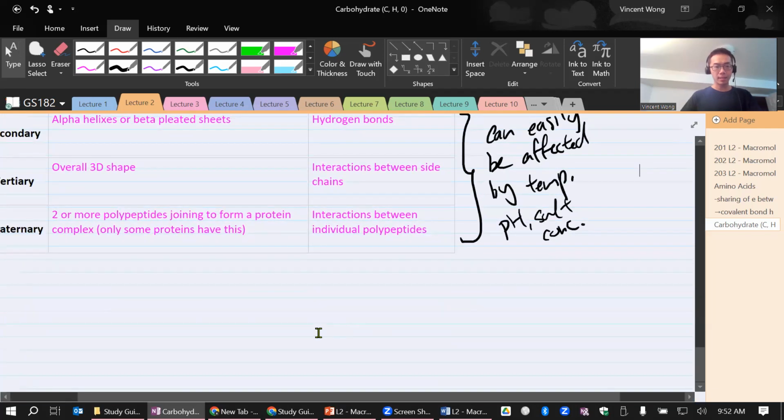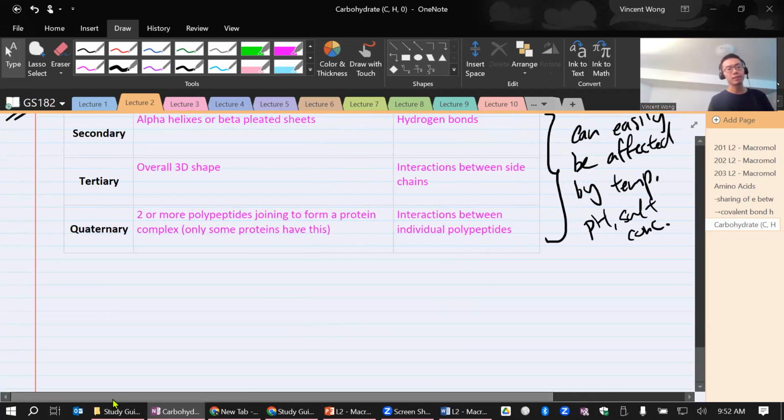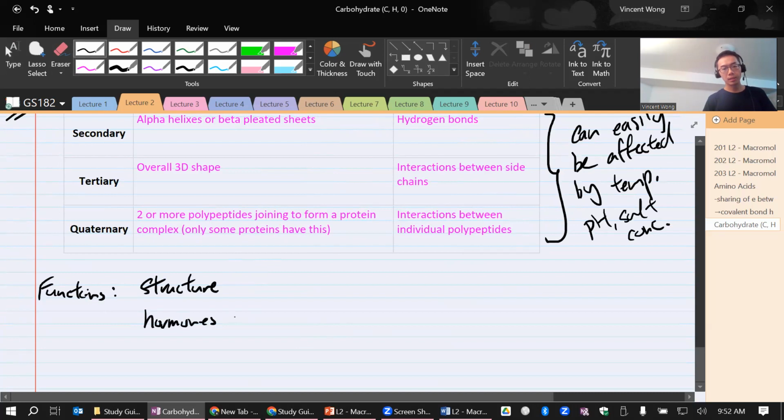We did some examples of proteins, right? Functions. Structure. Like hair, nails, horns. And then we have hormones. Example, insulin.